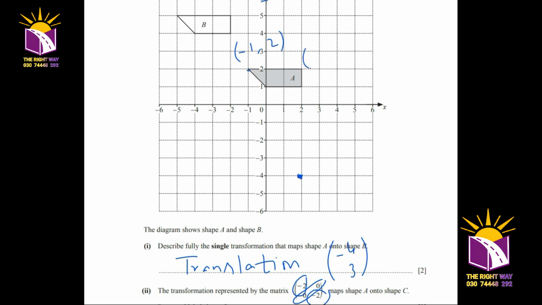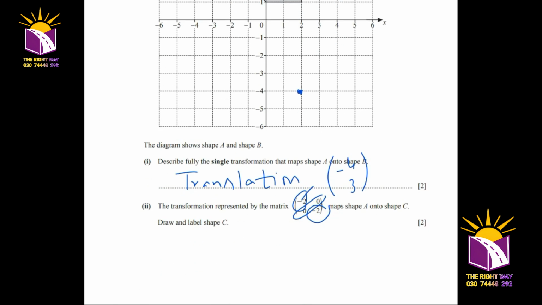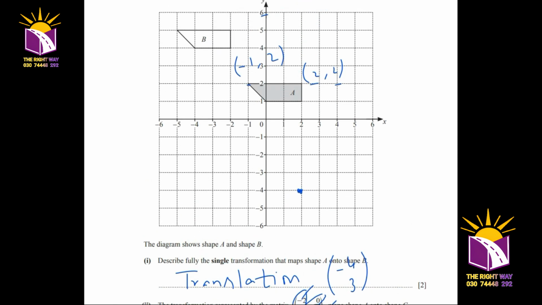Now this point, this is 2 and 2. Multiplied by minus 2 and minus 2, it will become minus 4 and minus 4. So minus 4 and minus 4 will be over here. For this one, your x-axis is 0 and y-axis is 1. 0 multiplied by minus 2 is 0, and 1 multiplied by minus 2 is minus 2.